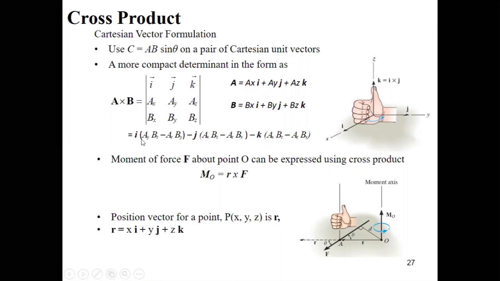So we can express i equals this row and column cancelled out, AY BZ minus AZ BY. Okay, minus j, this column and this row cancelled out, AX BZ minus AZ BX. Okay, and this one plus k, this column and this row cancelled out, AX BY minus AY BX.